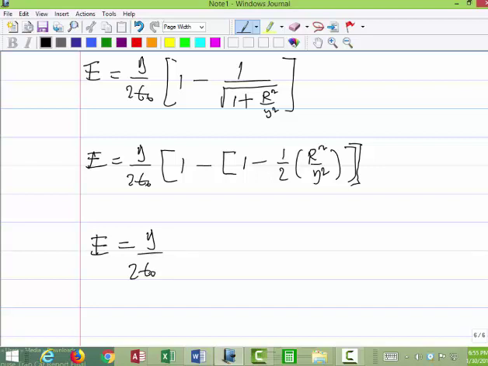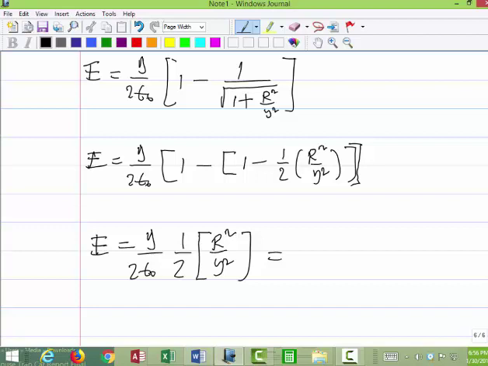The ones cancel, so we shall have a half, and then this quantity here, r squared over y squared. And eta is q over the surface area pi r squared.